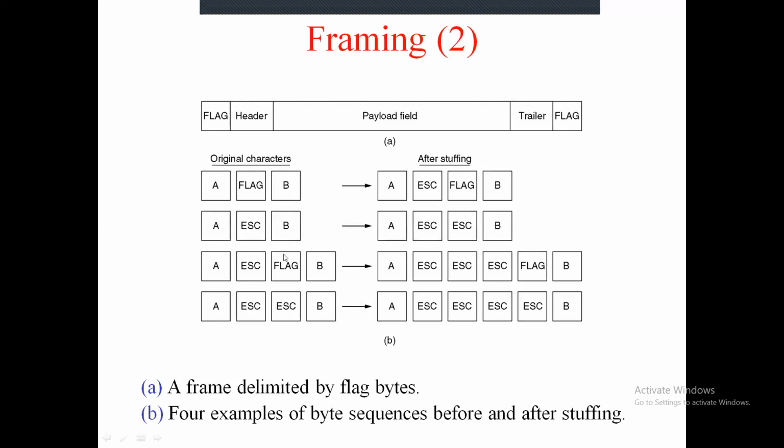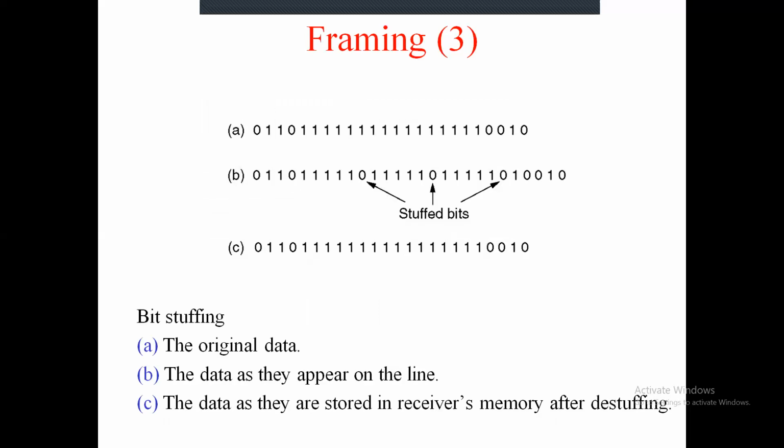Okay, the next one, third one. The first one is character count, second one is flag bytes with byte stuffing, third one is bit stuffing. Third technique is called as bit stuffing.